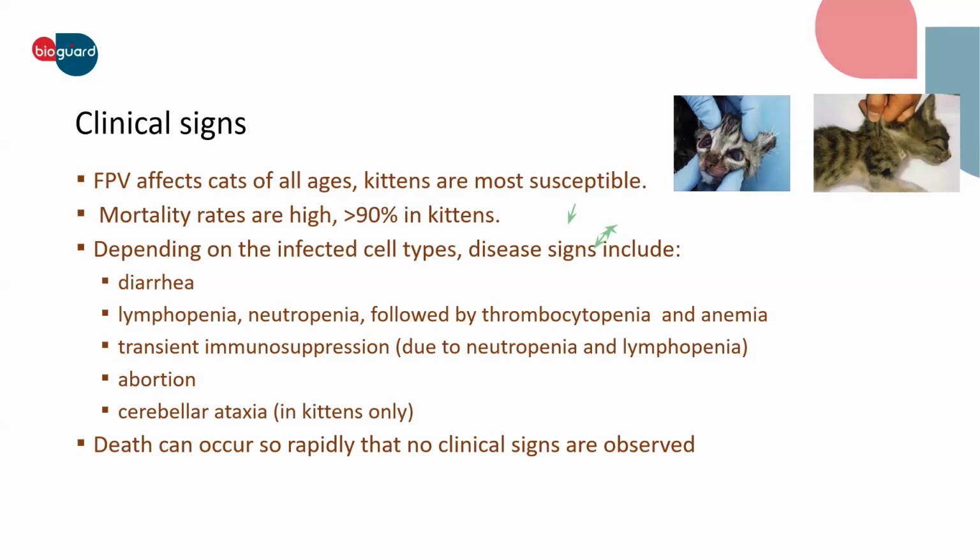For a queen infected during pregnancy, it may cause resorption. Young kittens, or those infected even during the fetal stage, may show cerebellar ataxia signs. And sometimes death can occur so rapidly that no clinical signs are observed in those severely sick cats.